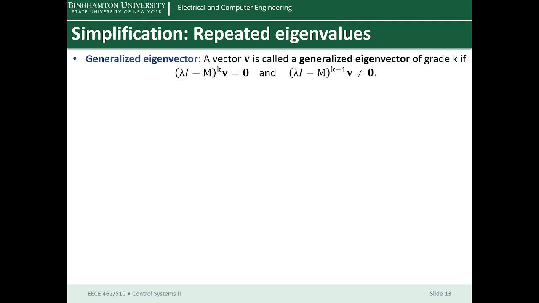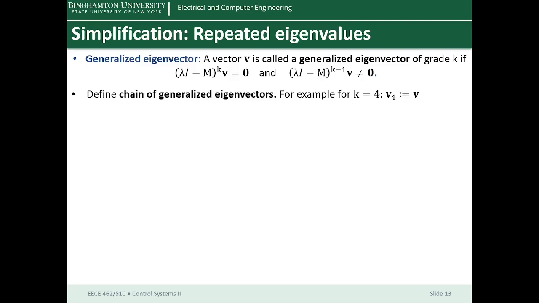A vector is called a generalized eigenvector of grade k if when we multiply it by the matrix lambda I minus M raised to the k-th power, we get 0, but when we multiply it by one power less, that is the (k minus 1)-th power, we don't get 0. In other words, this vector lives in the null space of the k-th power of lambda I minus M, but does not belong to the null space of the (k minus 1)-th power. That's why we call it a generalized eigenvector. It's not a true eigenvector, but it's closely related to one.